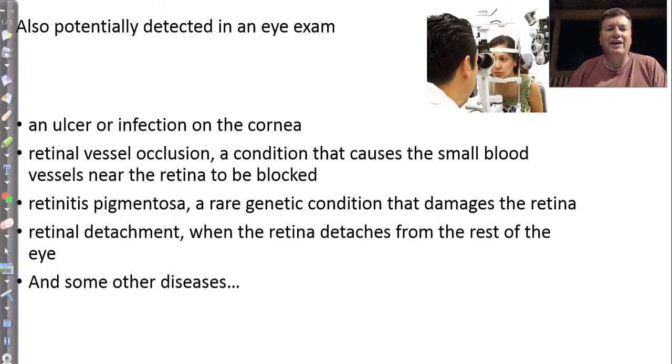So if someone's having an eye exam, what are they looking for? They're looking for issues with the cornea. If someone has infections or ulcerations, they're looking for retinal vessel occlusion. They're seeing if all the vessels of the retina seem to be functioning, seem to be open. It sounds a little bizarre, but when you look in someone's eye, you're actually looking directly at the blood vessels in the back of their eye, and that's why it appears red.